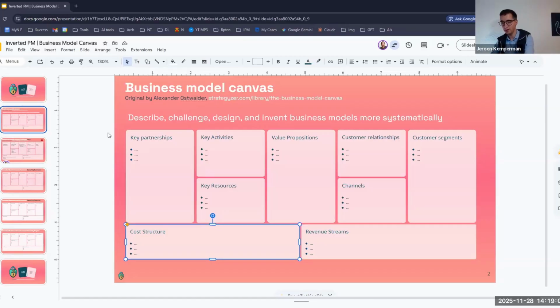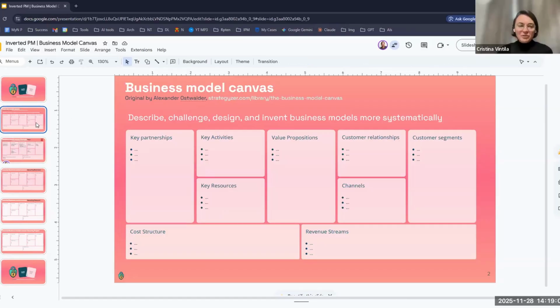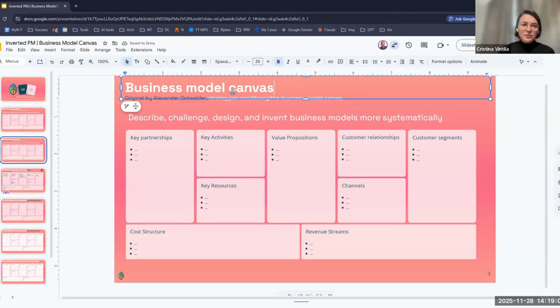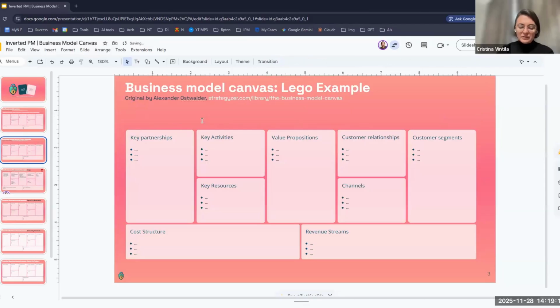Christina, have you used it before? Yes, multiple times. I learned about it in the MBA program that I did with IMD in Lausanne. And I've used it for working with the startups they had through their startup competition.